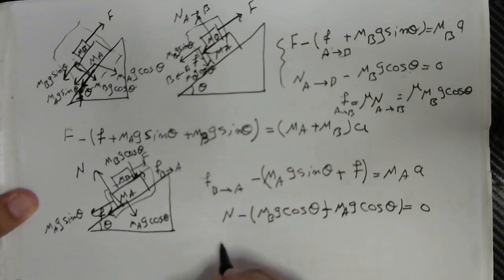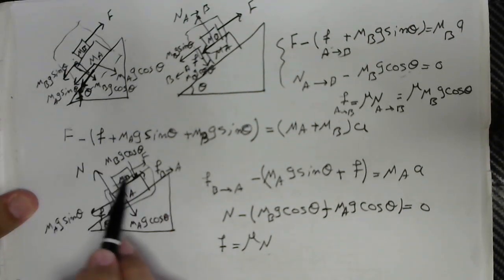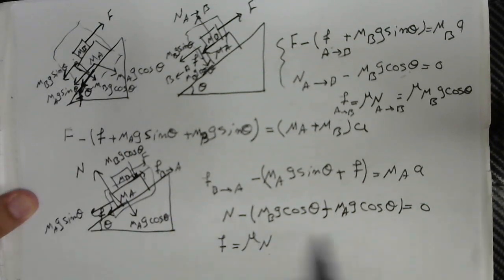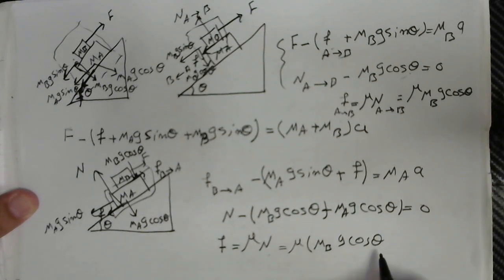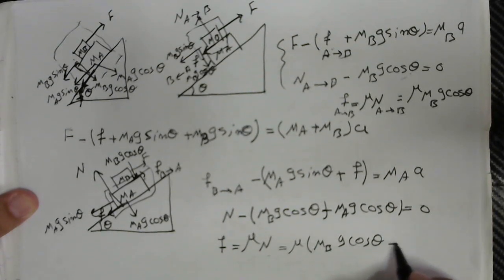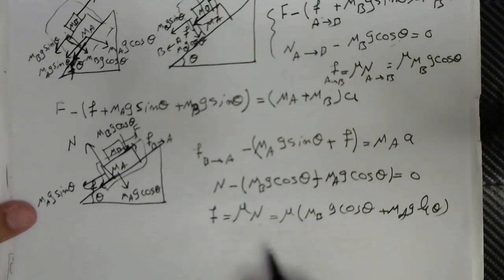Now we know that this F here is mu N, and N, you can say from the first example or from here, is equal to the adding of this, so it's mu MBG cosine theta plus MAG cosine theta, and we can substitute here.